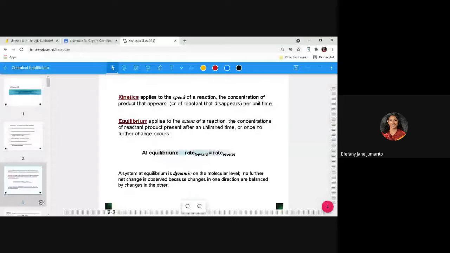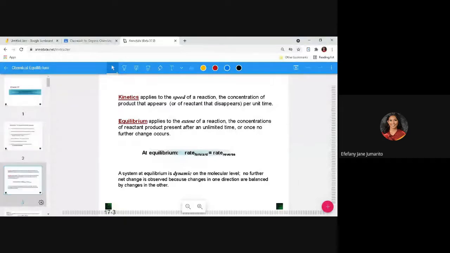So if there's no change anymore, that's the case where we have achieved dynamic equilibrium. No net change is observed because changes in one direction are balanced with the other. So the rate of the forward is balanced to the rate of reverse.